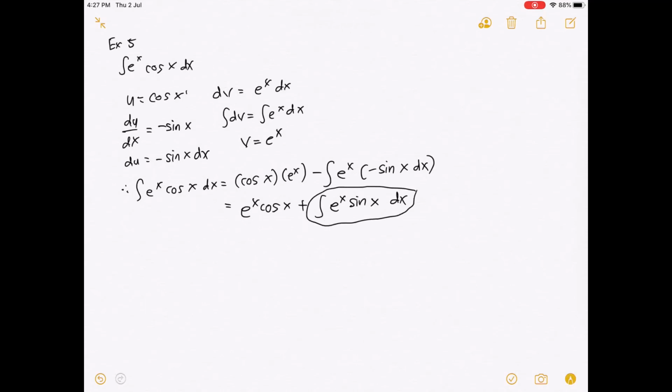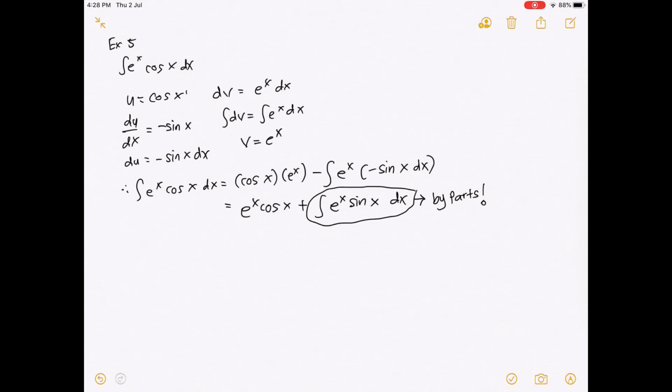Remember, this part we still have to integrate, and as you can see, it is another product of two different functions, the exponent and trigo. Now the trigo is sine, no longer cos, so this integration we still have to use the by parts technique.